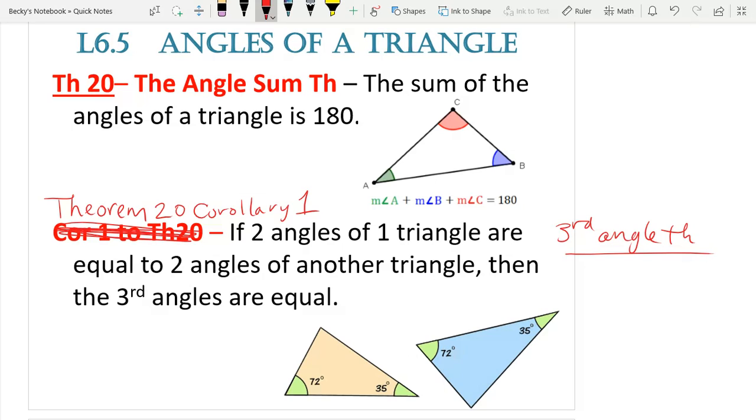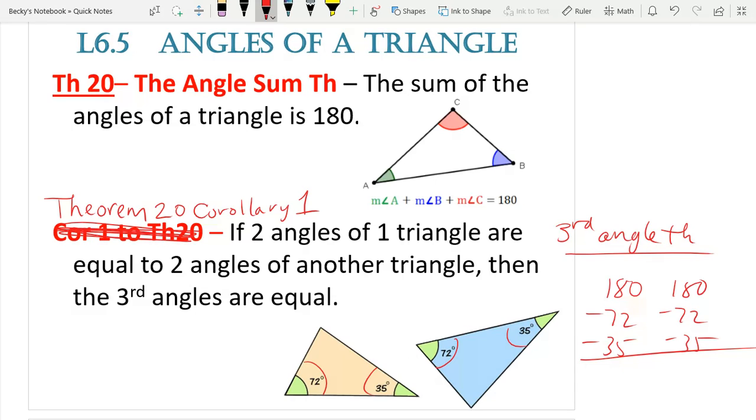Since we know all the angles equal 180 degrees, if we start out with 180 for each and we subtract 72 from each and we subtract 35 from each, we have to come up with the same answer for both. So the third angle has to be the same.